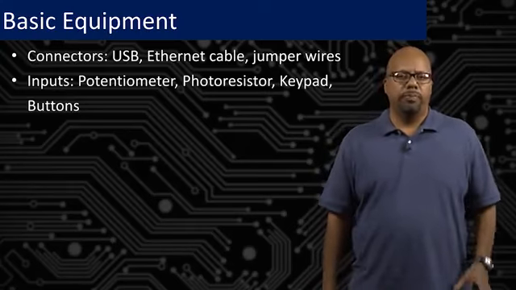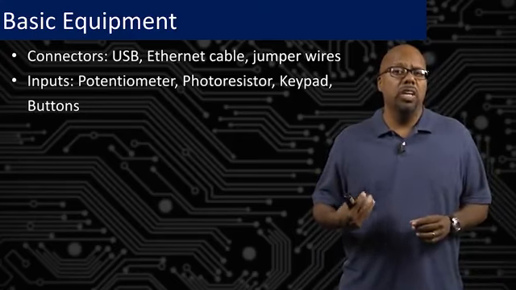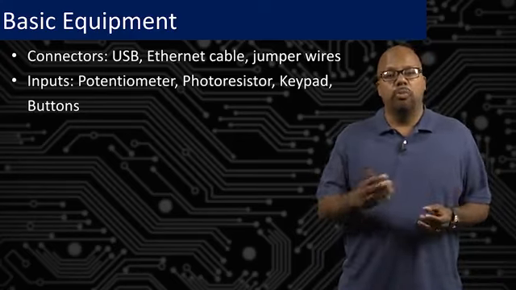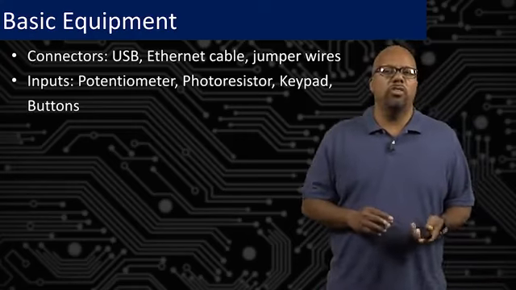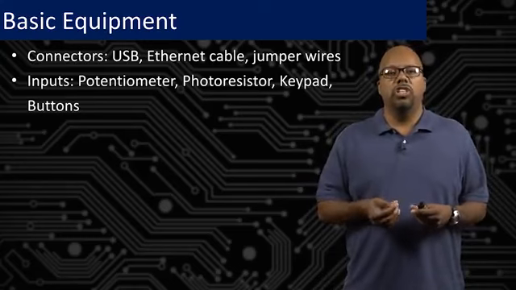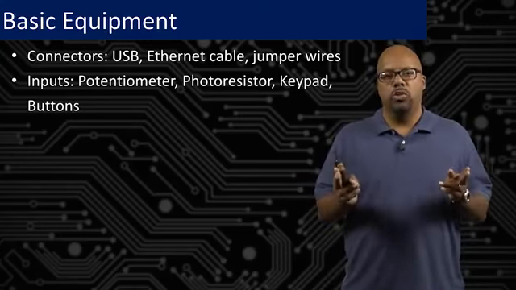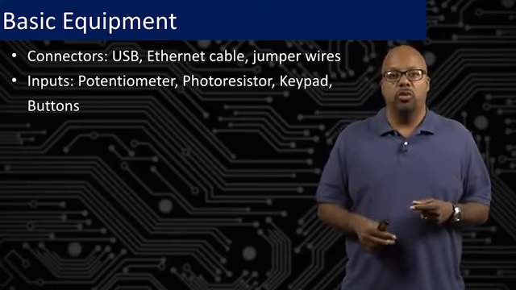Different inputs. These are components that we will commonly use as input components, essentially sensors. A potentiometer is a sensor that senses rotation. If you turn something more, to the left or to the right, it changes the resistance between two signals, and you can use that as a rotation sensor.